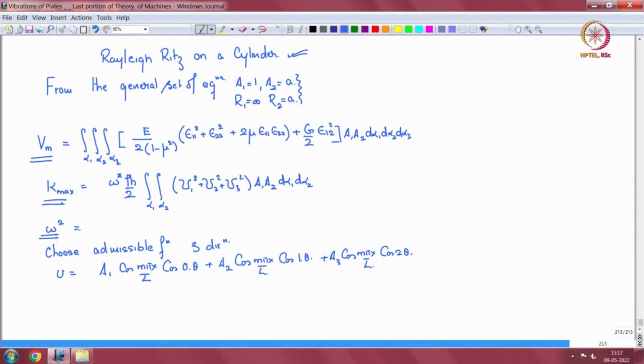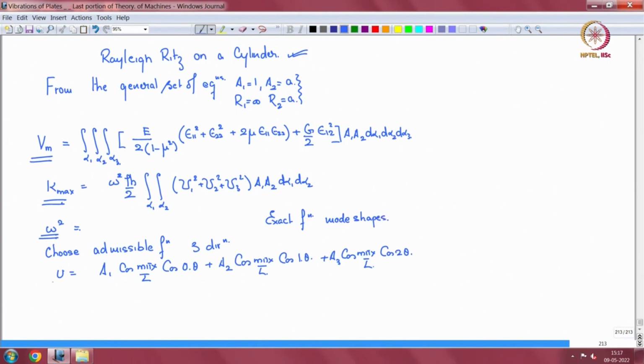Now, before you do the differentiations, what admissible functions would you choose? Here I am kind of, what shall I say, cheating. I am choosing the exact mode shapes just to demonstrate.